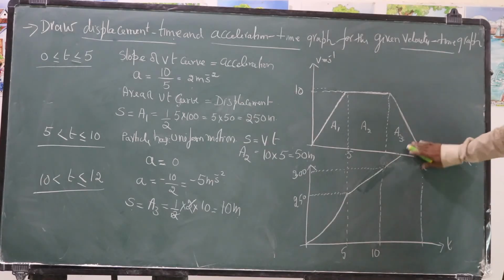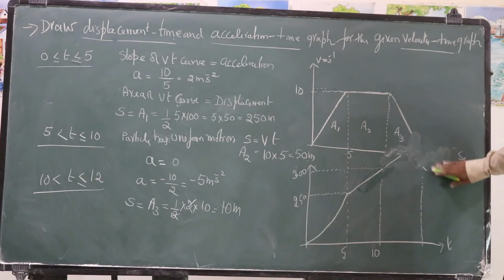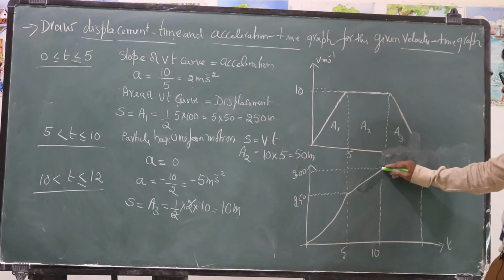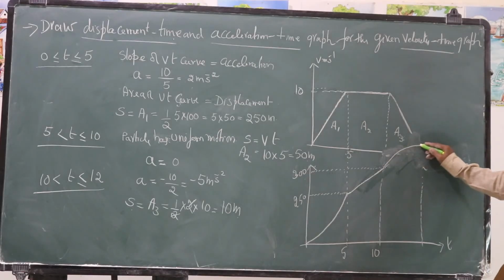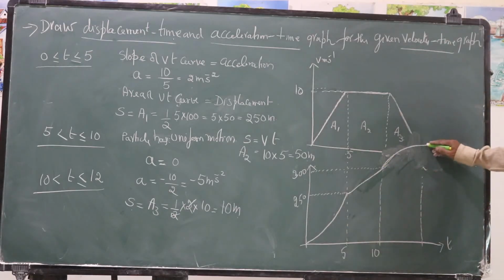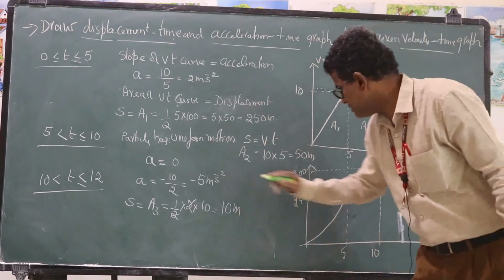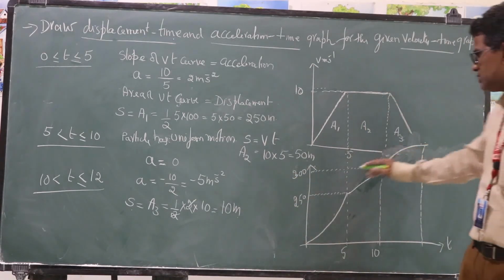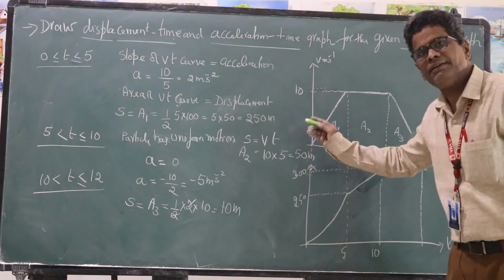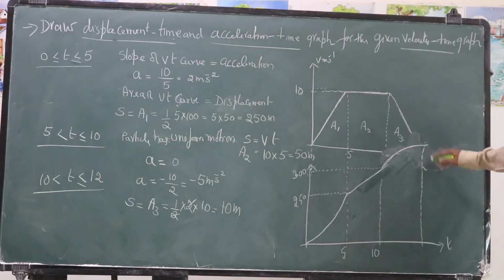So with a decreasing slope like this. Okay, this is the parabola shape. This is decreasing slope, this is increasing slope. So still it travels 10 meters. So finally this coordinate becomes 310. Here 300, further 10 meters it travels. So this is the shape of the s-t curve.